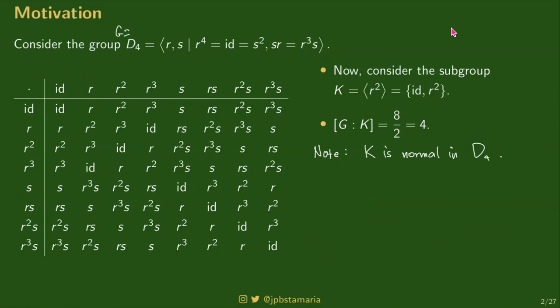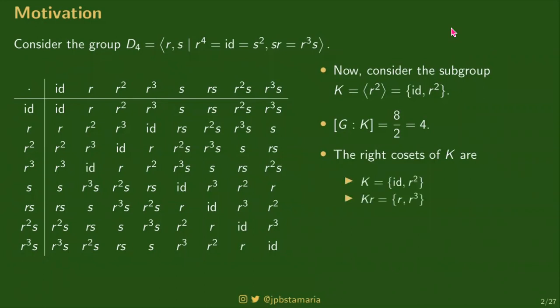So let's just look at the right cosets. Sabi nga natin, pag normal, you don't really have to look at the left and right coset separately because they will exactly be the same. So the right cosets of K are, of course, K. Pwede tayong mag-multiply ng R. Pag nag-multiply ako ng R on the right, I get R and R cubed.